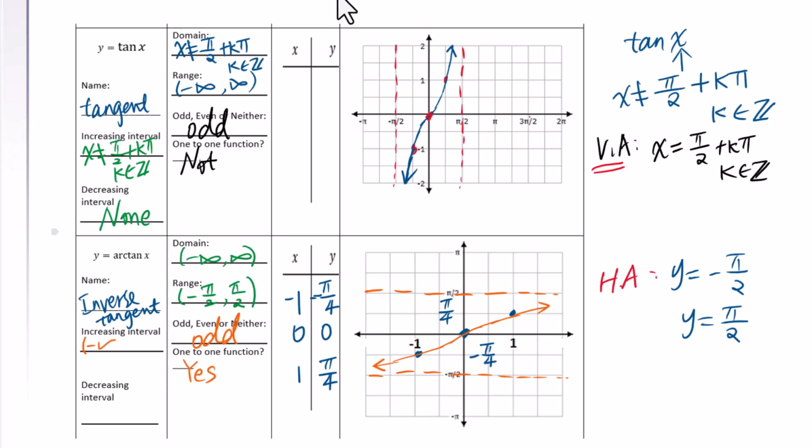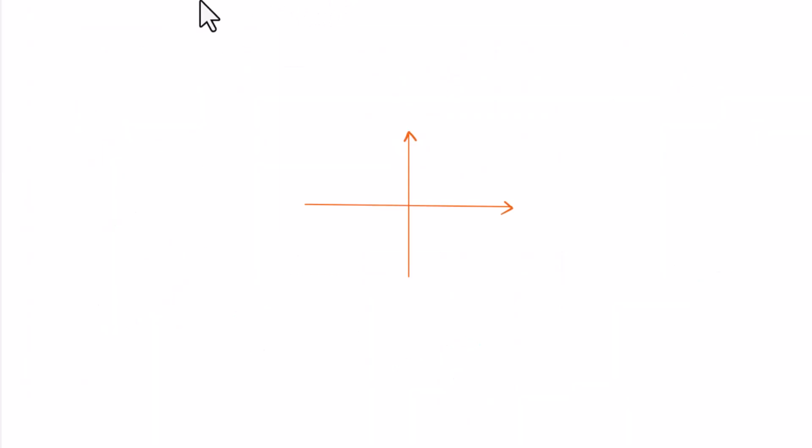So it's an increasing function in its domain, for x all real numbers. No decreasing interval. Let's label negative pi over 2, 0, pi over 2.